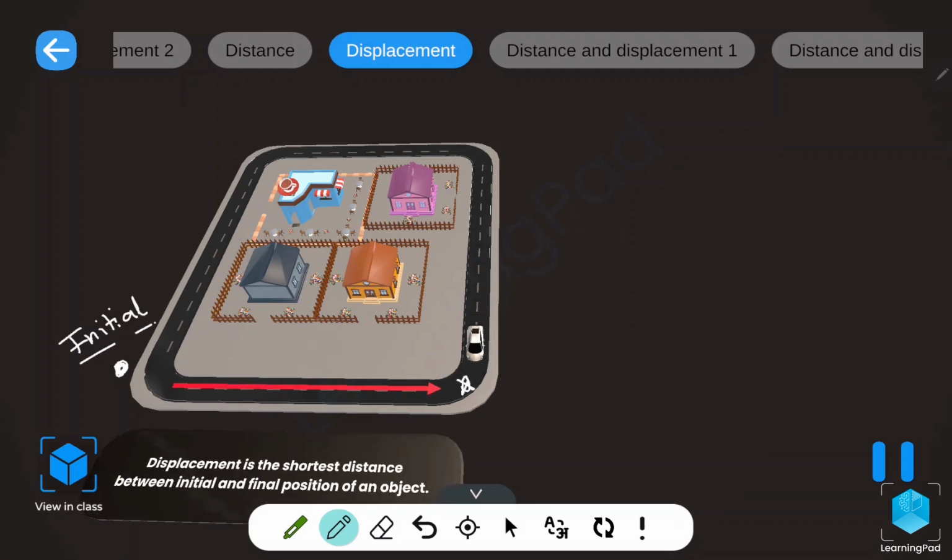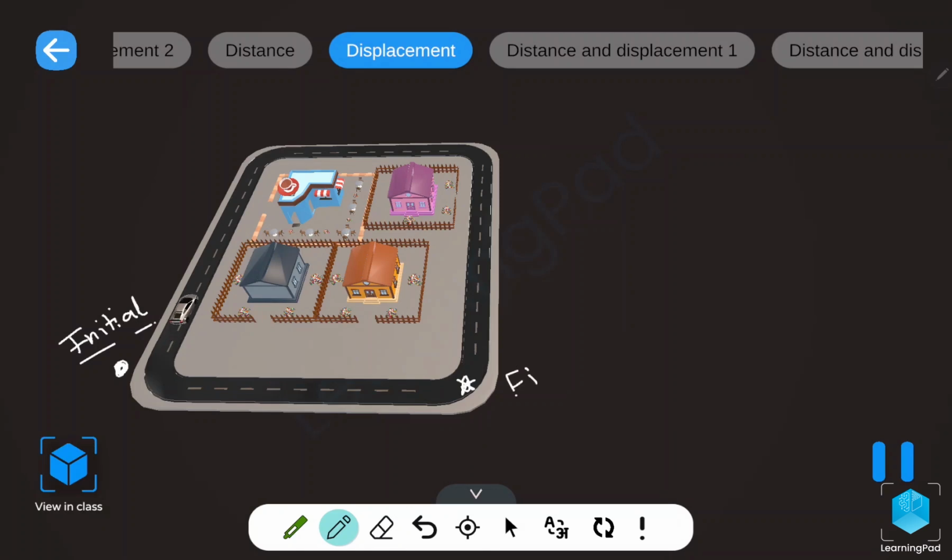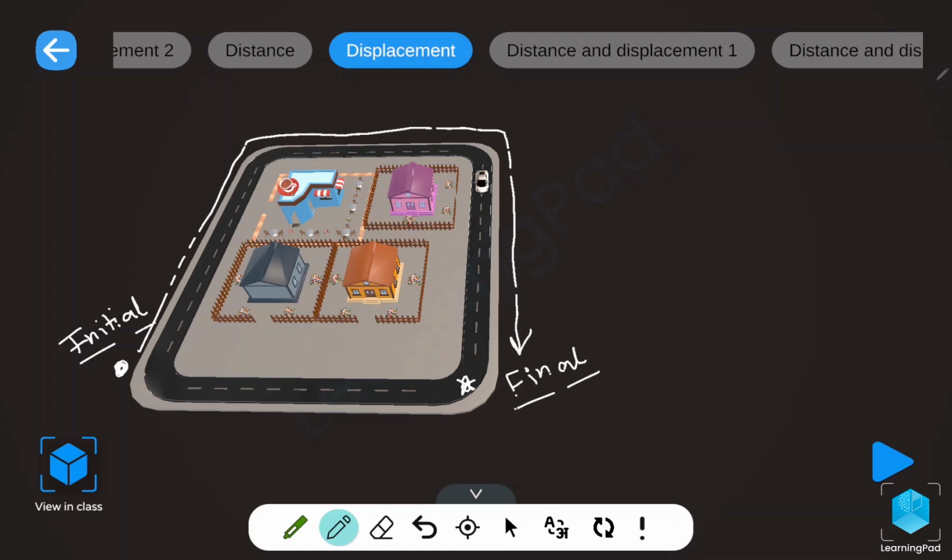Now, displacement is the shortest path between the initial and final position of the object, right?